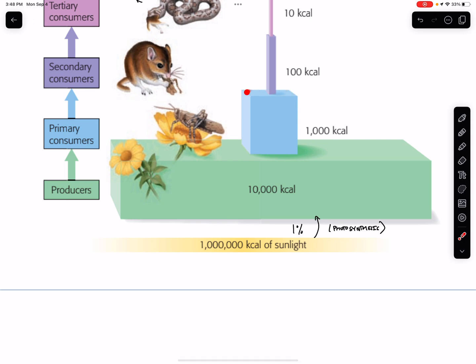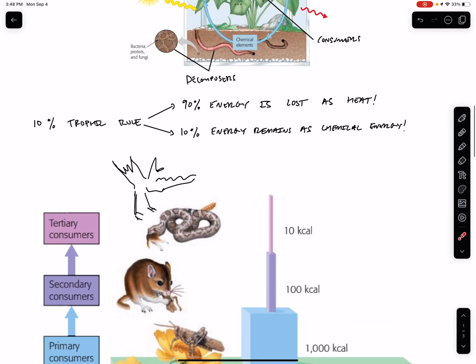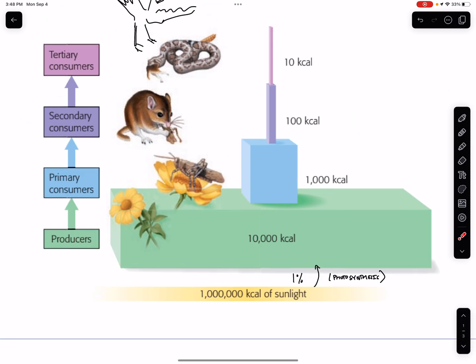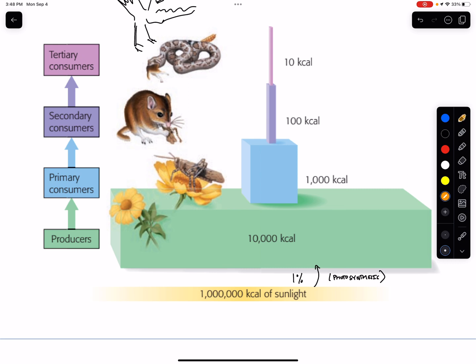Okay, so moving up to the next trophic level, you'll notice that our primary consumers, the box is much smaller. It's actually a tenth of the size of the box of the producers. And this is because of our 10% trophic rule. Plants are constantly emitting energy in the form of heat, and so are all of our primary consumers, our grasshoppers and such.